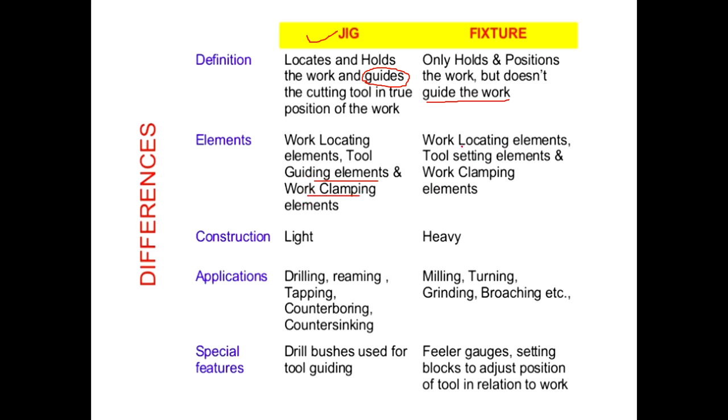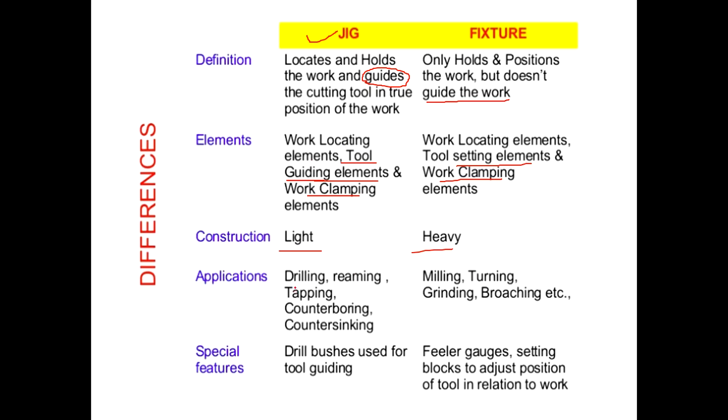Similarly for the fixture: locating elements for the workpiece, tool setting elements, work clamping elements. So you can see that there is an absence of tool guiding elements. Again, a jig is light in construction, whereas a fixture is very heavy in construction if you compare.